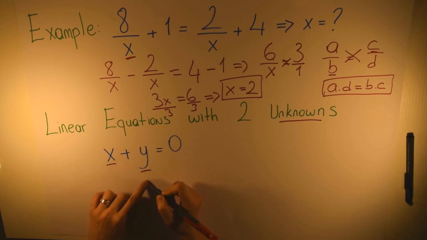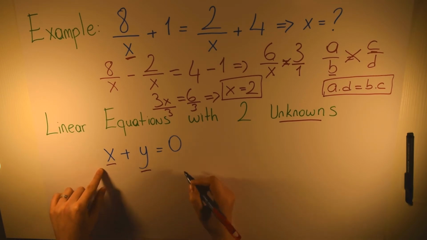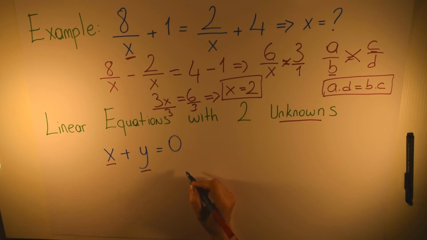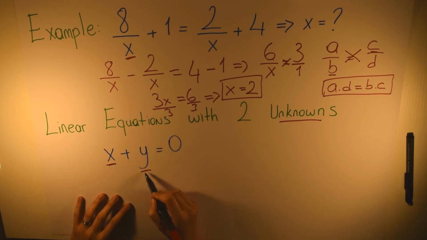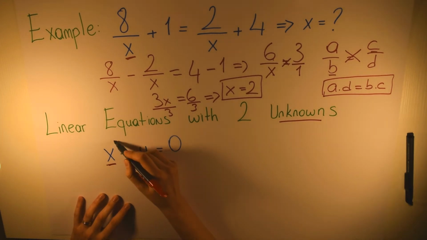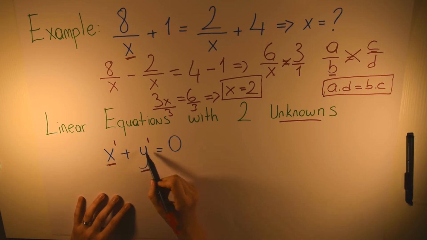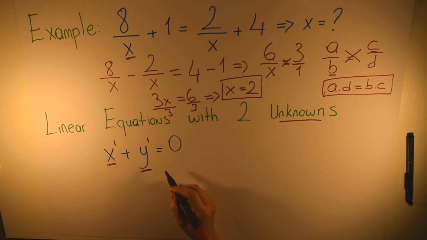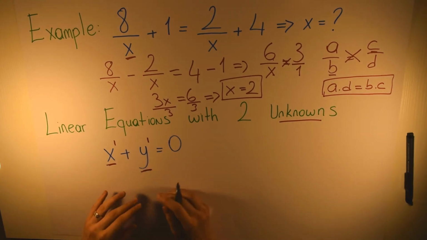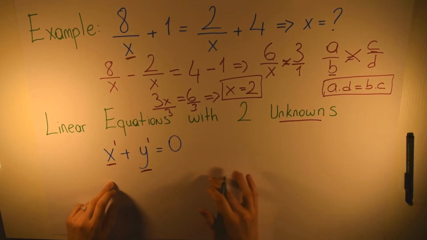So it is said that it is a linear equation with two unknowns, and linear because there are no quadratic or higher terms. So both these x and y, they have exponent 1, right? They don't have any exponent 2, 3 or higher terms. That's why this is a linear equation, but with two unknowns.